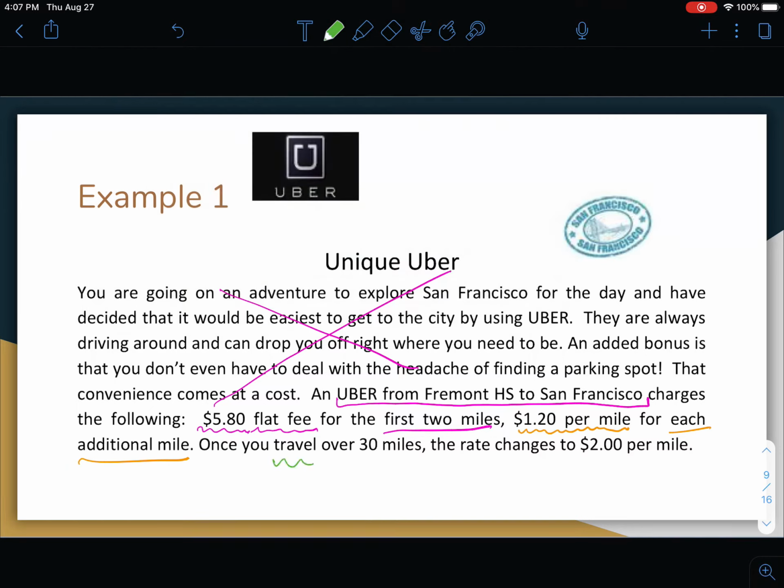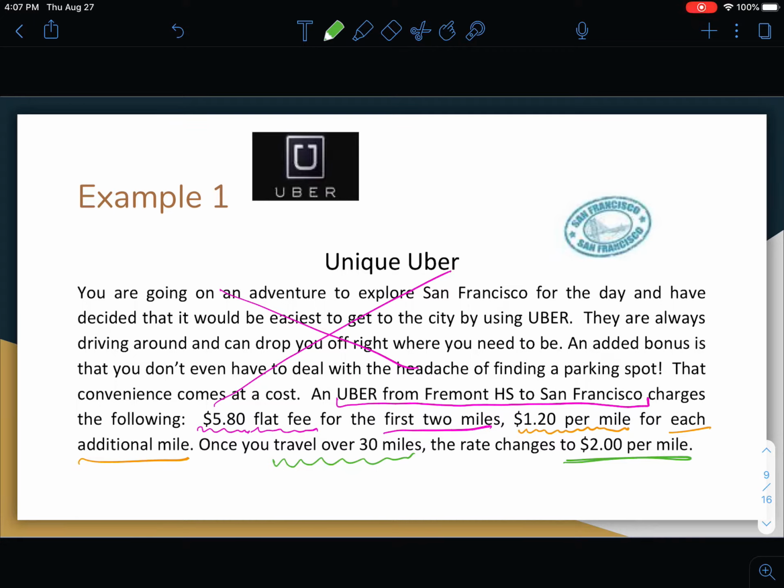And then it says once you travel over 30 miles, the rate changes to $2 per mile. So you're looking at this to see how we can represent this using some variables, and then we're going to actually write our own piecewise function.